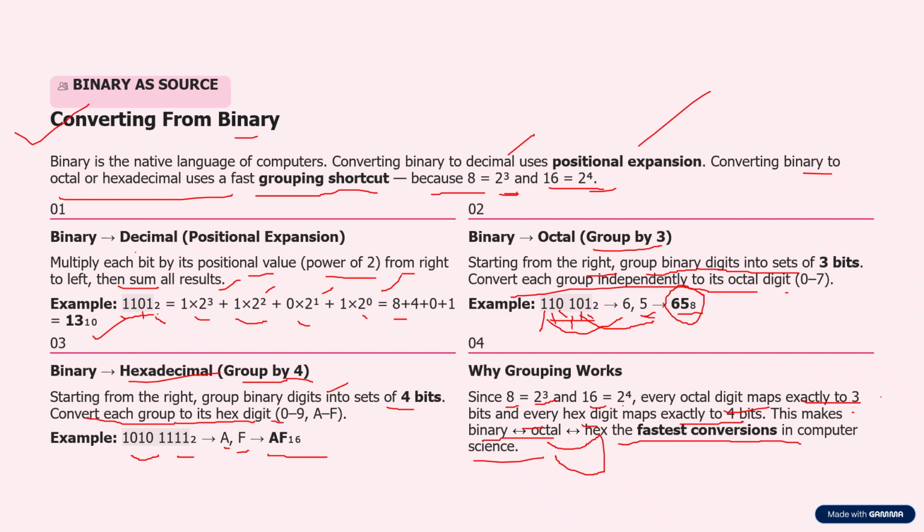Each of these groups converts independently into an octal digit ranging from 0 to 7. This grouping simplifies the process significantly. Let's move to the next.